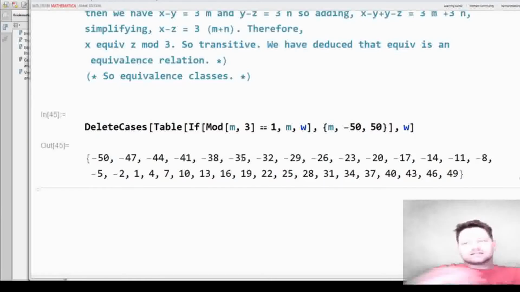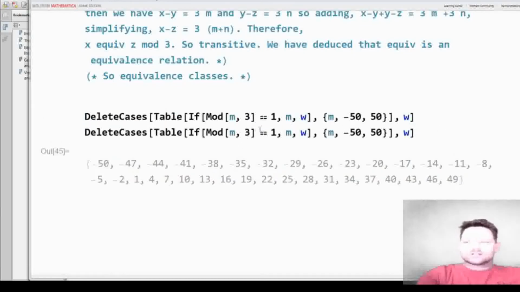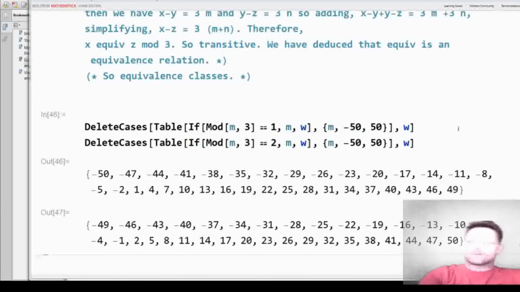Okay, but this set of integers that are congruent to 1 modulo 3, it is an infinite set, right? So you can just see some of the picture here. Now, if you want to find some other equivalence classes, let's just change this to a 2, and we get another collection of elements belonging to the same equivalence class, those congruent to 2 mod 3.